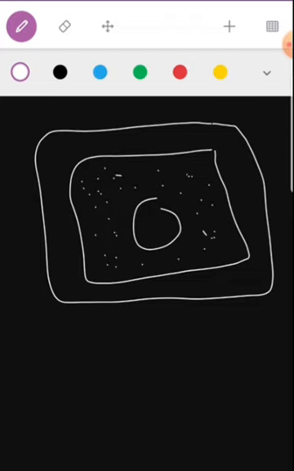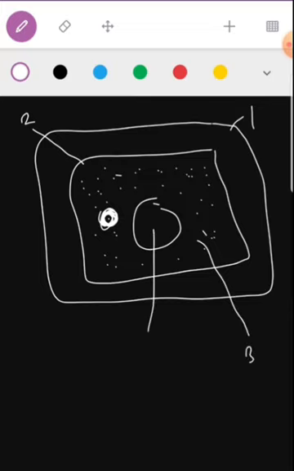That is what we must know first. Then, I'll just label them, this as 1, and this as 2, then that space as 3, this as 4, and that as 5.